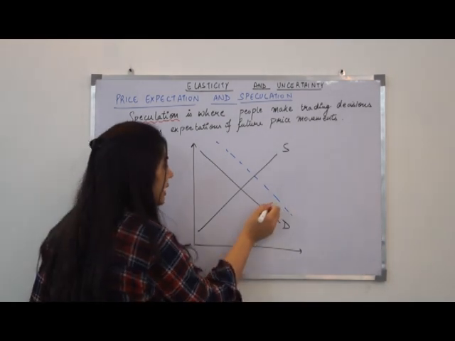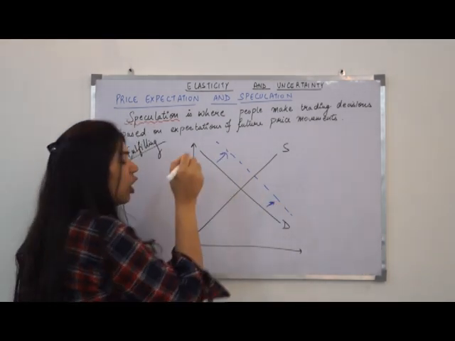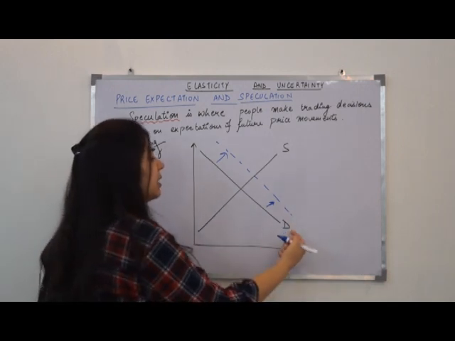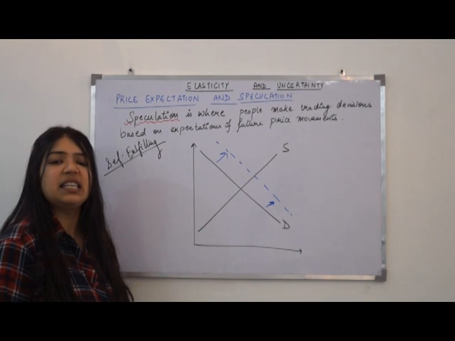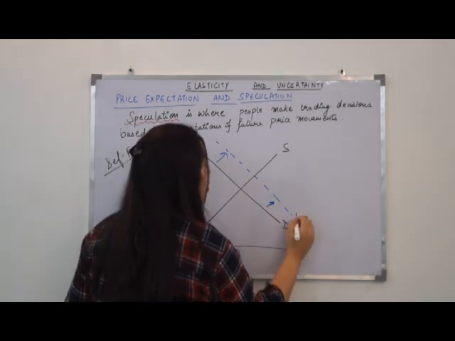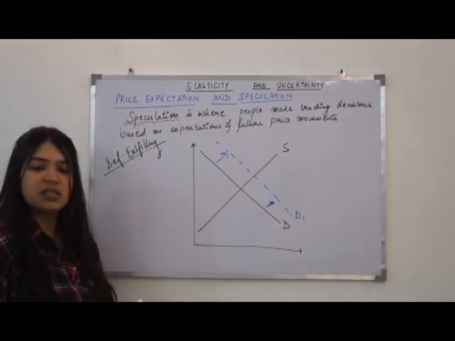So that is why they will increase their demand, not the quantity demanded, because there is an increase in demand due to other factors and not the own price of the product. So we get a new demand curve over here somewhere.